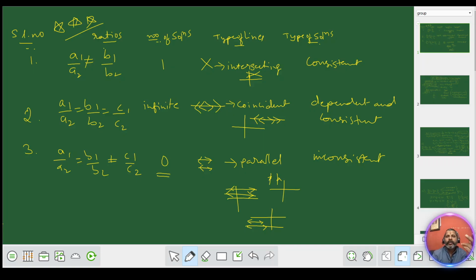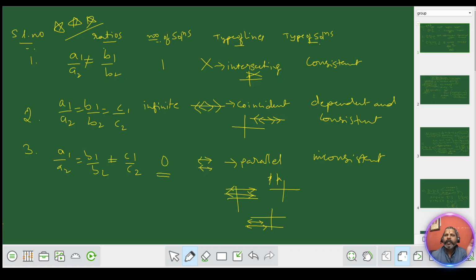Then the first two ratios equal and not equal to the third ratio. Remember, the third case is a little different from the first two. When the first two ratios are equal, which is not equal to the third ratio, then the lines are parallel. When the lines are parallel, like this or this, they will not have any solutions at all, meaning zero solutions.